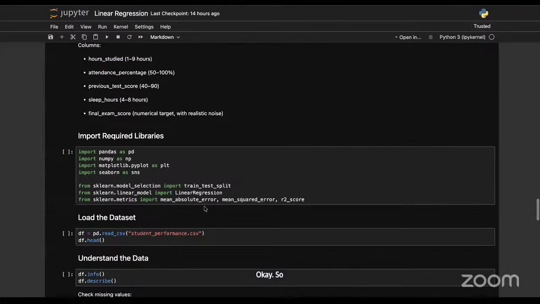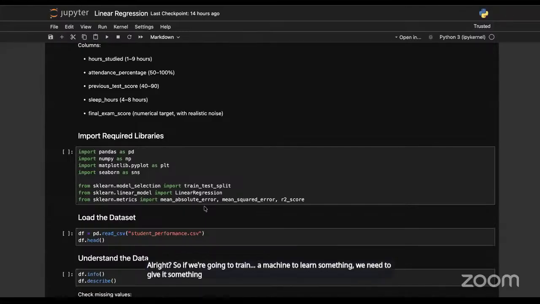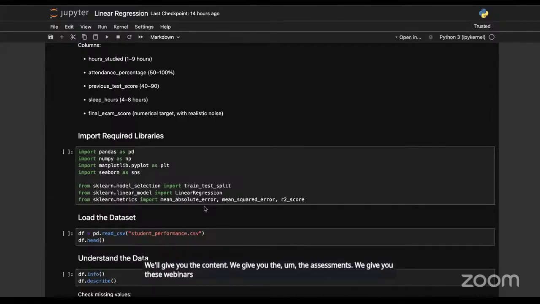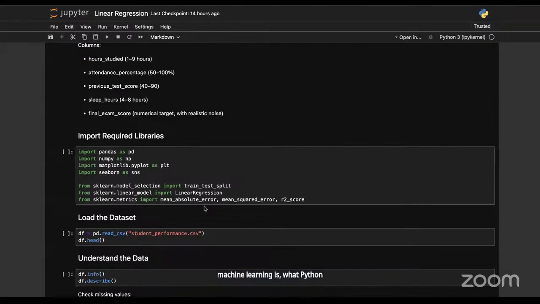Once you build a model, remember we're going to be given a data set. If we're going to train a machine to learn something, we need to give it something, just as with you as students. We give you the content, the assessments, these webinars. We're training you to understand what machine learning is, what Python, what statistics, and so forth is.